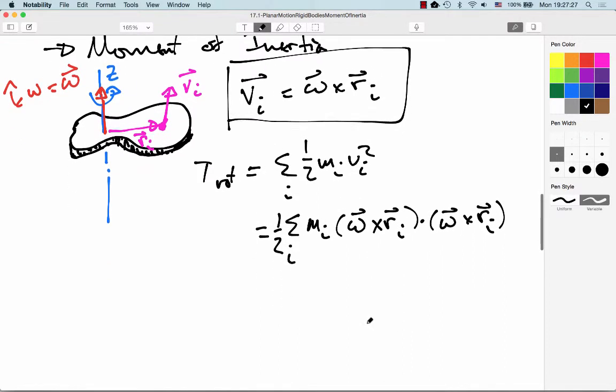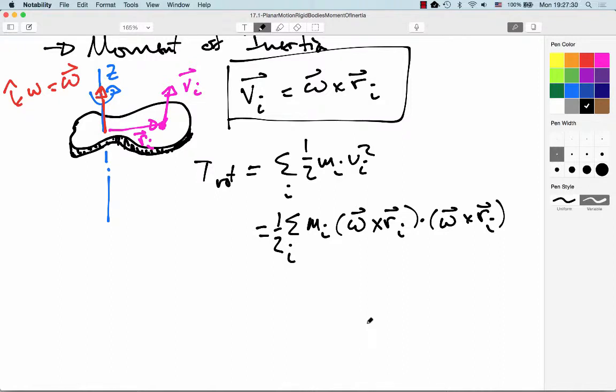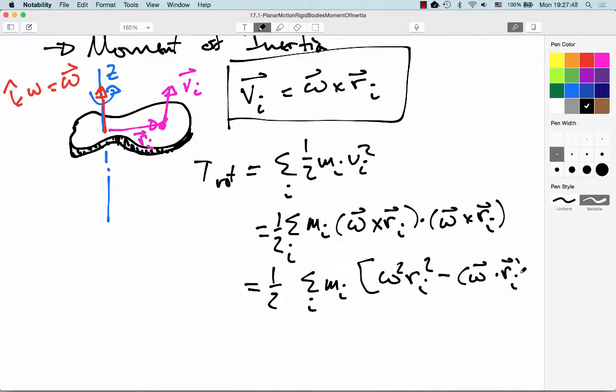Okay. So we have an identity for that, and that it's equal to 1/2 sum over i mi of omega squared Ri squared minus omega dot Ri squared. Now this second term here goes to 0 because you can see omega and the Ri are perpendicular in this case.